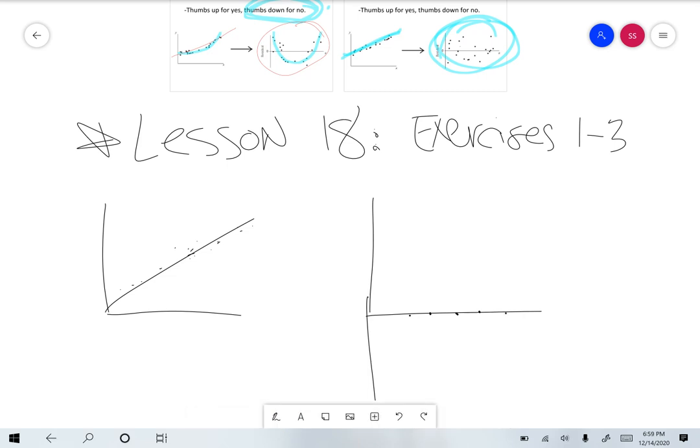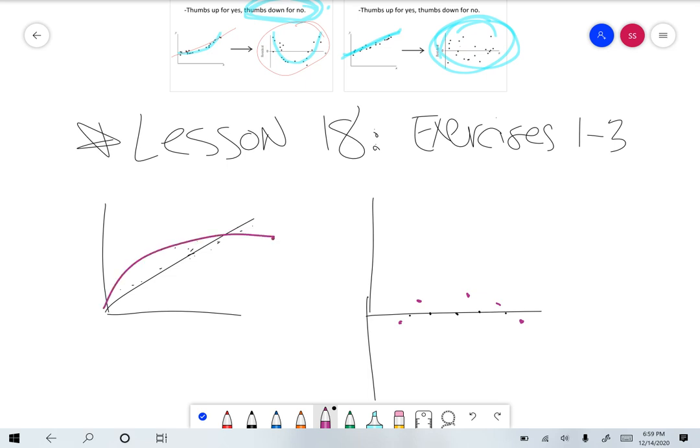But when you zoom in on the residual plot, you can see that there's actually a very clear pattern, which means your data is actually exponential. Again, I can't remember if the data is decreasing or increasing, but you get the gist of it.